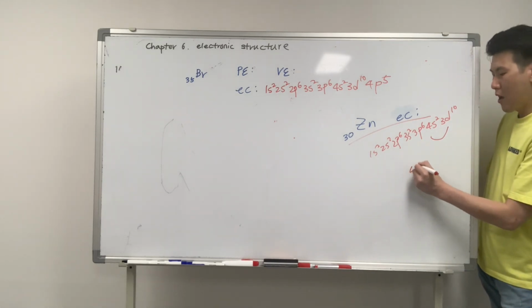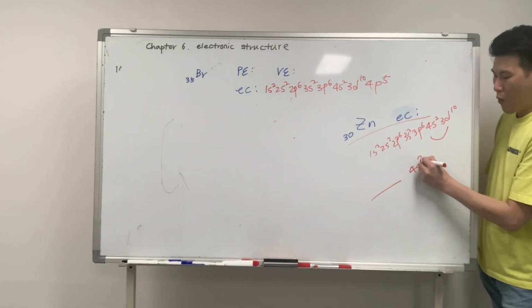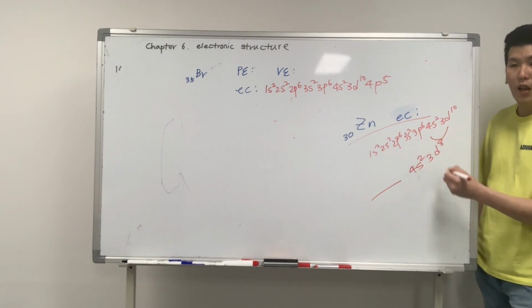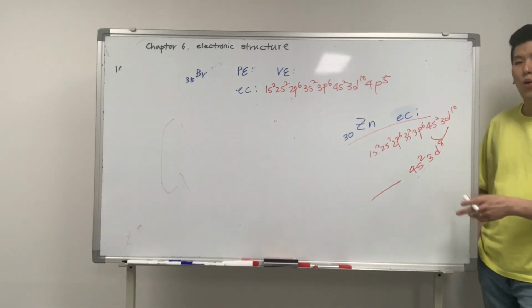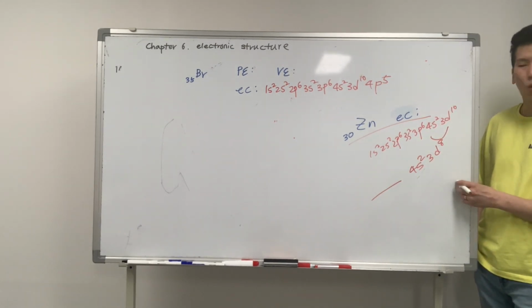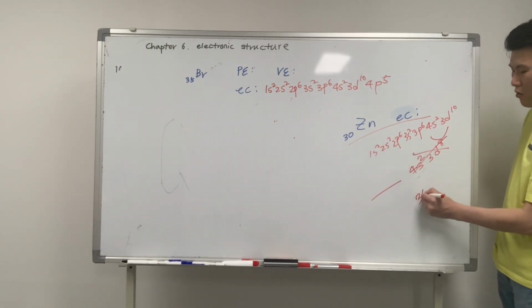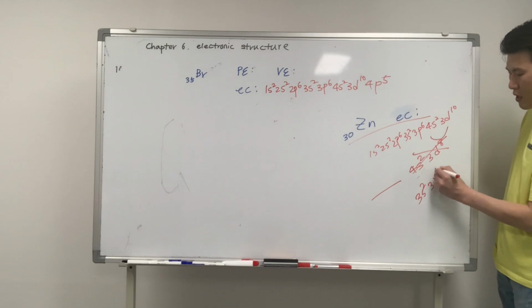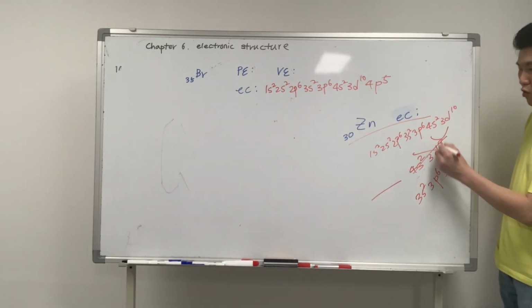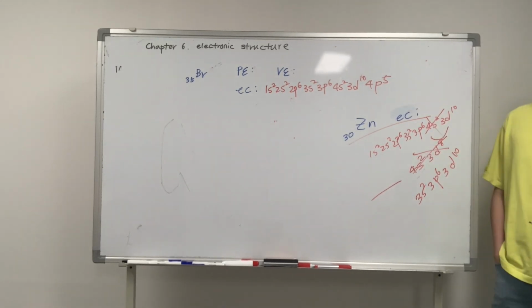So one might expect it should be the same up front, 4s2, 3d8. No, this is not the answer. What is it then? If you're taking out 2 electrons, 3s2, 3p6, 3d10. You have to get rid of 4s2.